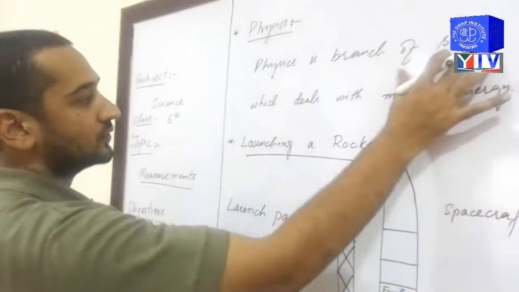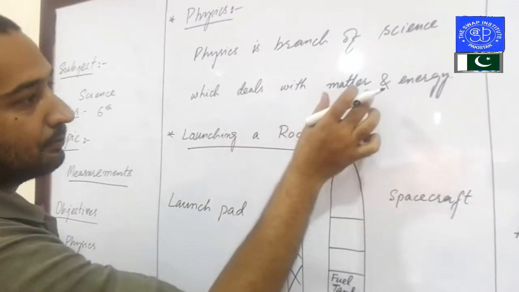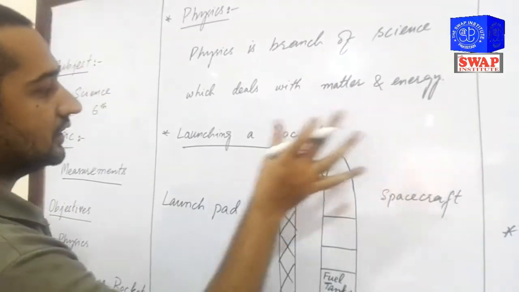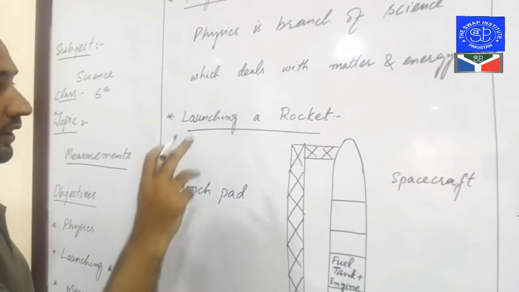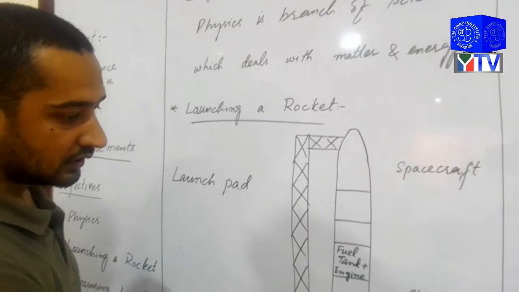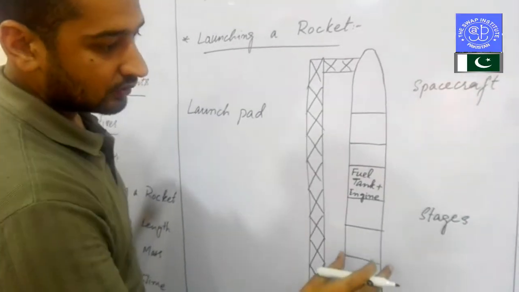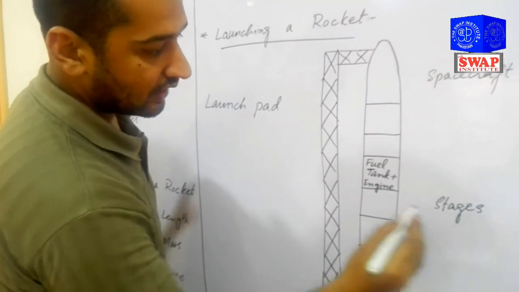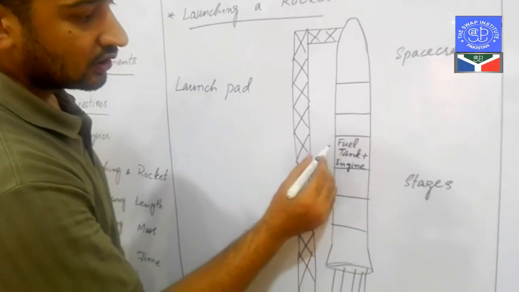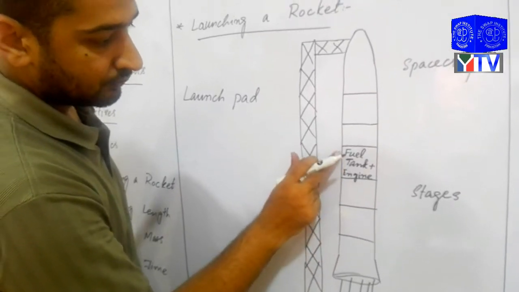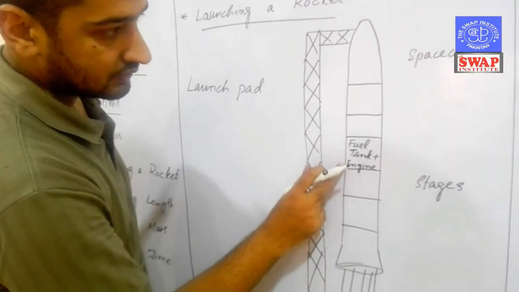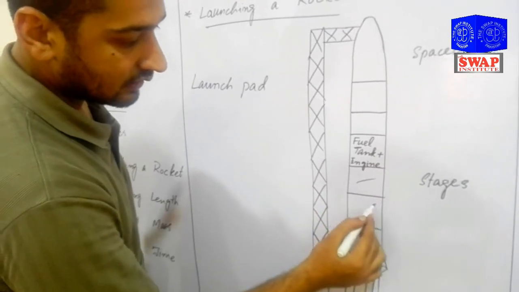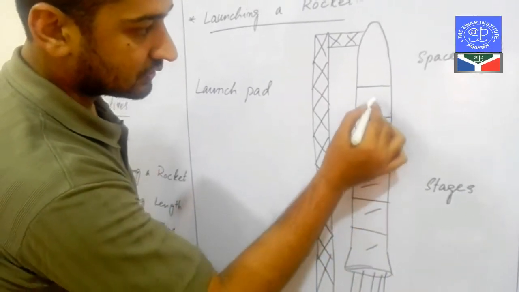Physics is the branch of science which deals with matter and energy and the interrelationship between them. The launching of a rocket basically consists of different stages. Every stage has its own fuel tanks and engines, and these are all the stages.